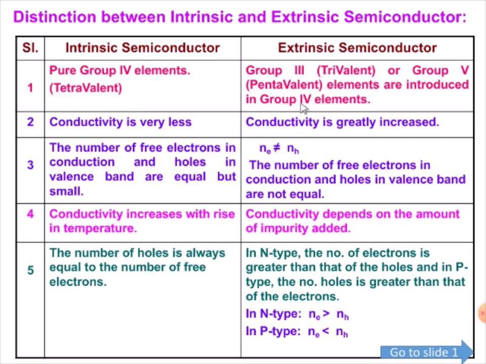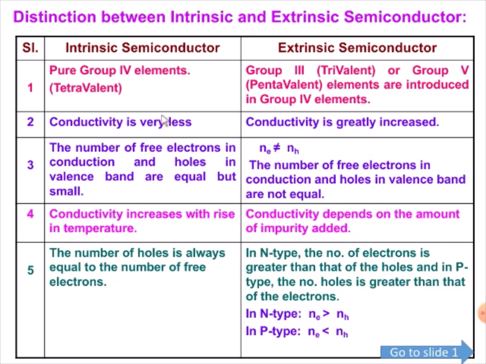That means to a pure group 4 element, if we add either trivalent or pentavalent atoms, then it becomes an extrinsic semiconductor. Conductivity is very low in the case of intrinsic semiconductors, but it is greatly increased in the case of extrinsic semiconductors.